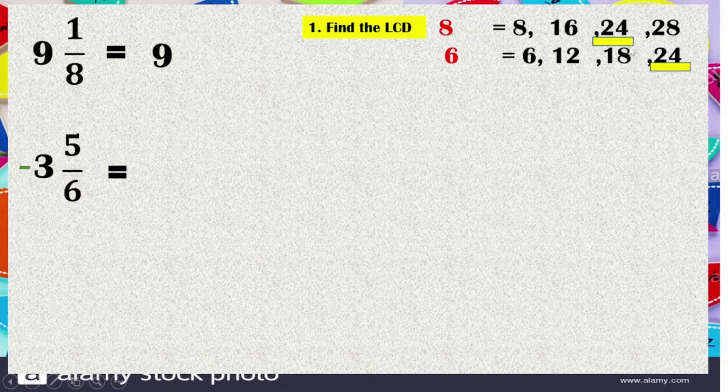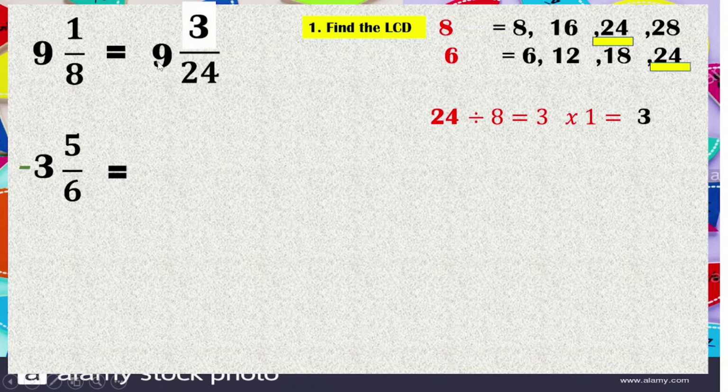Okay, so 9. So, ganyan, isulat, kopyahin mo lang yung 9. Kopyahin yung 9, and then 24. 24 divided by 8. Ayan. 24 divided by 8 is 3. Times 1 is 3. Okay?